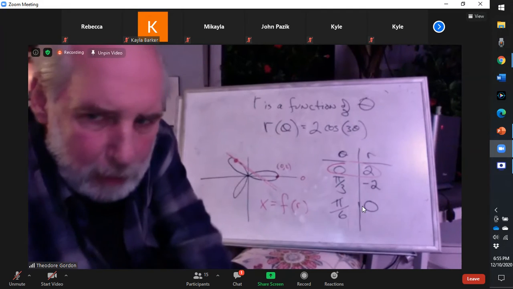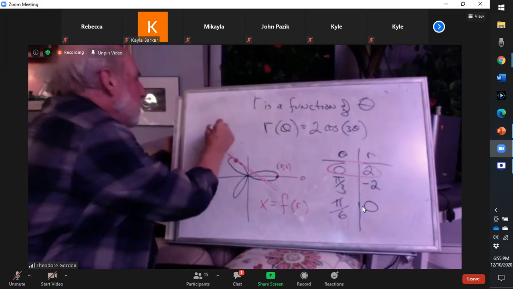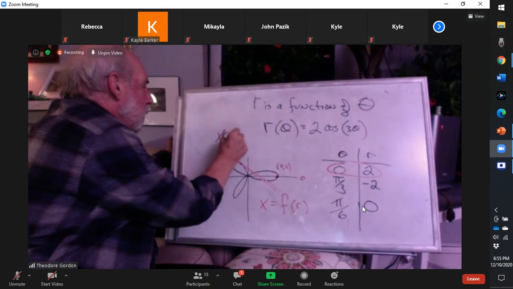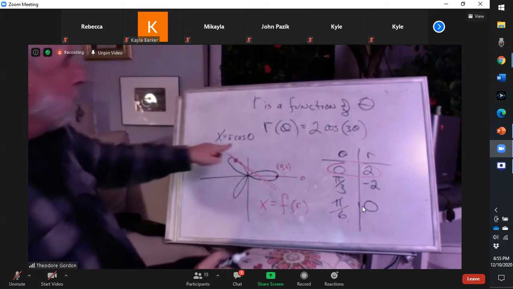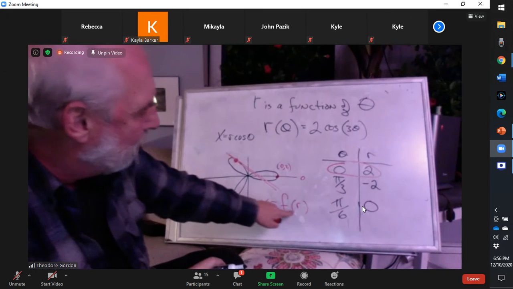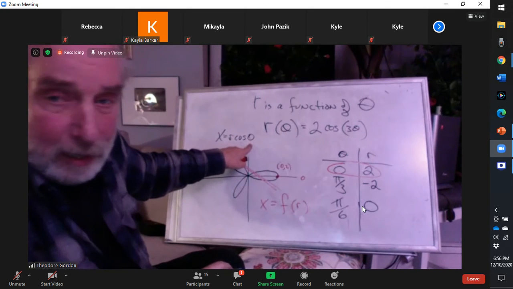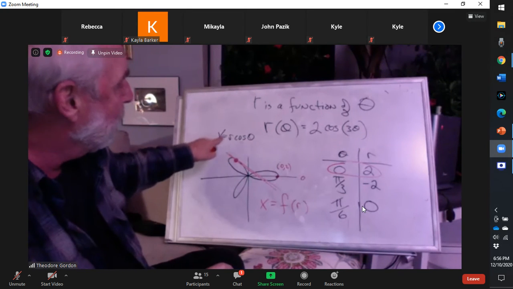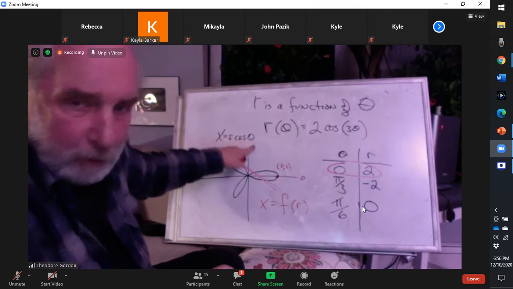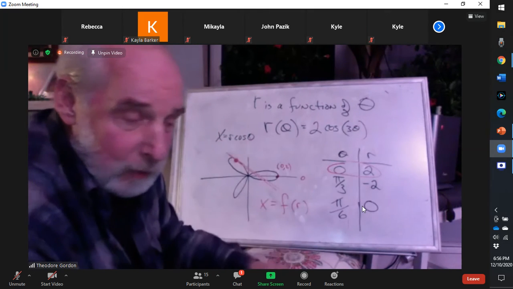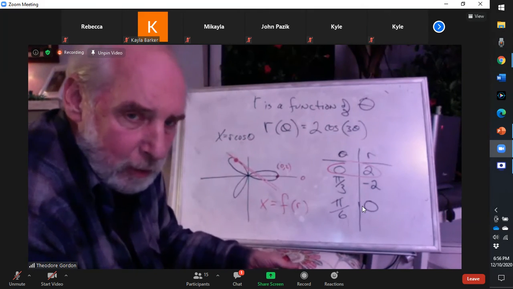So this is what's coming up next week. Since x is equal to r cosine theta, this equation means that x is a function of r, but r is a function of theta. So x is a function of r, and r is a function of theta. So there's a composite function going on there.